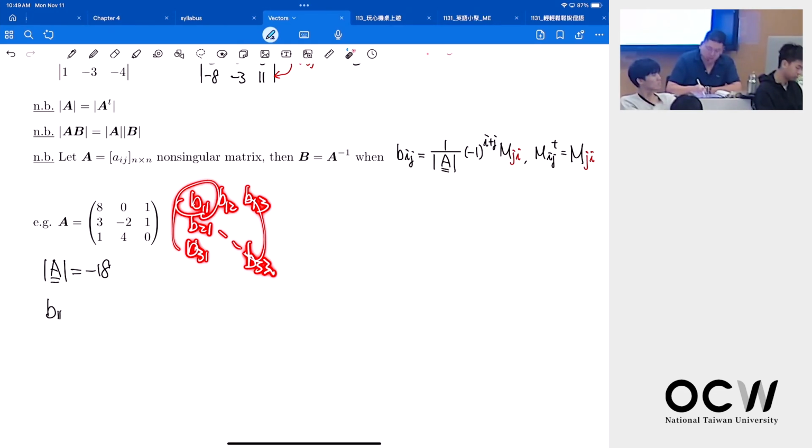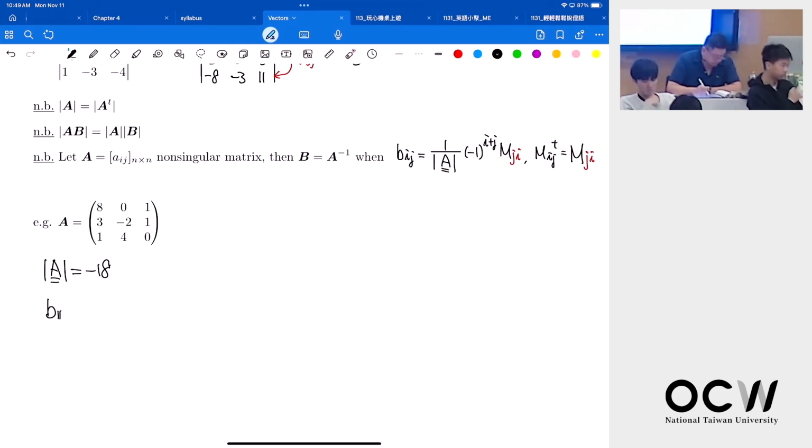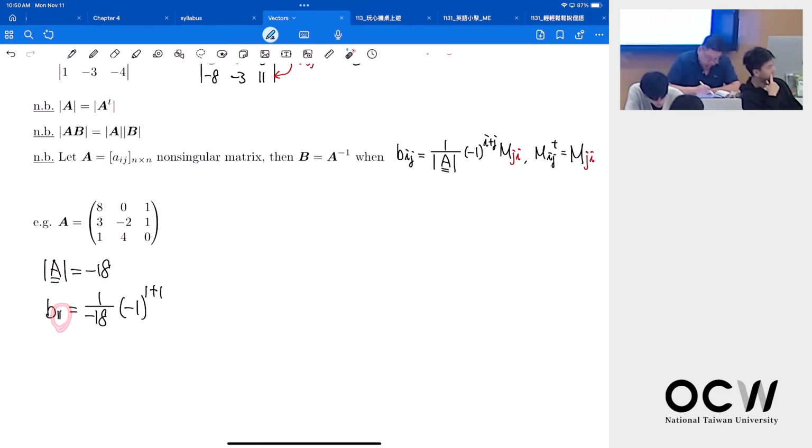Okay, first element, there will be 1 over minus 18. That's the determinant of A. Minus 1 to the power 1 plus 1, so even number. That also means if you are in an even element, there'll be 1.